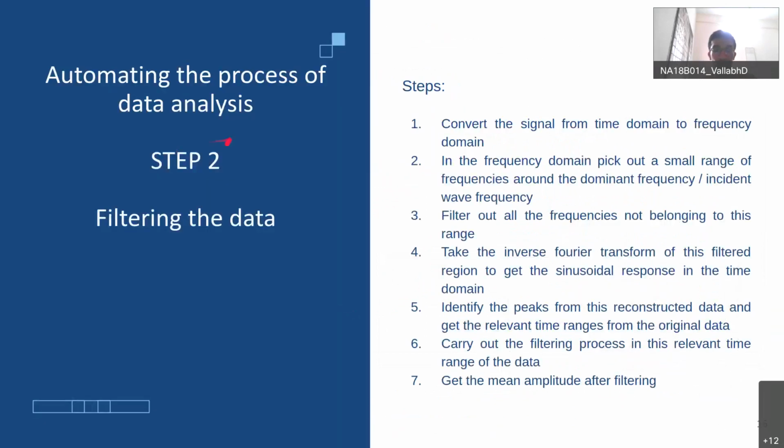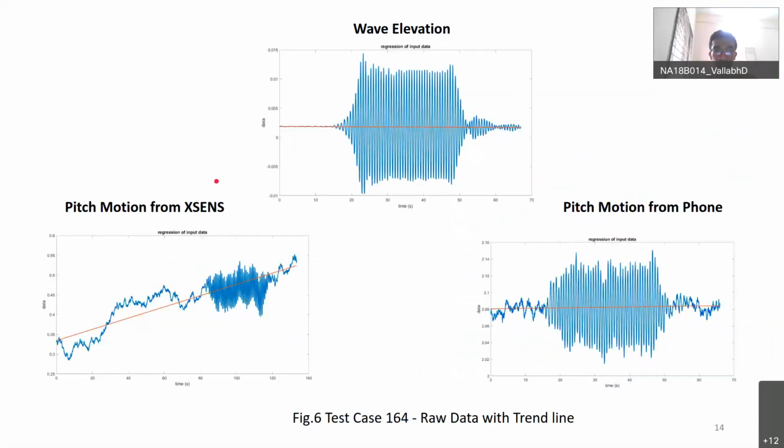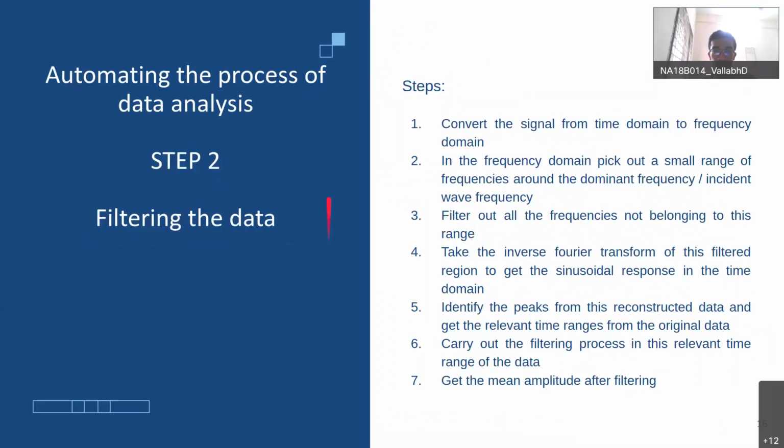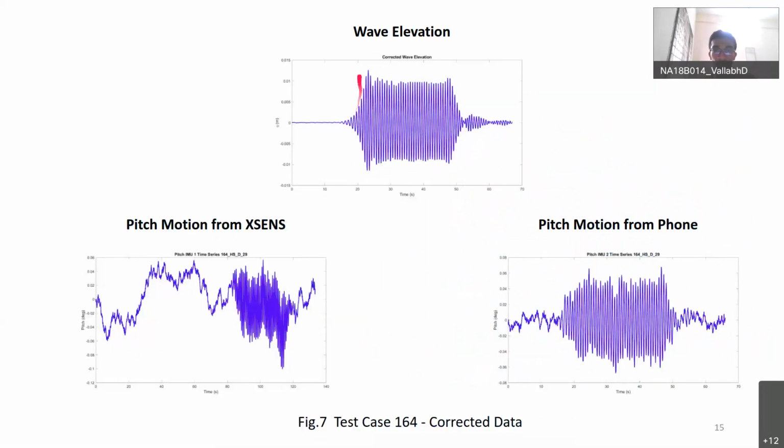This was the first step that we did with the data. Now the second step is to filter out the unnecessary parts from the data, because we can't use the entire data here. This particular data was the 164th data.